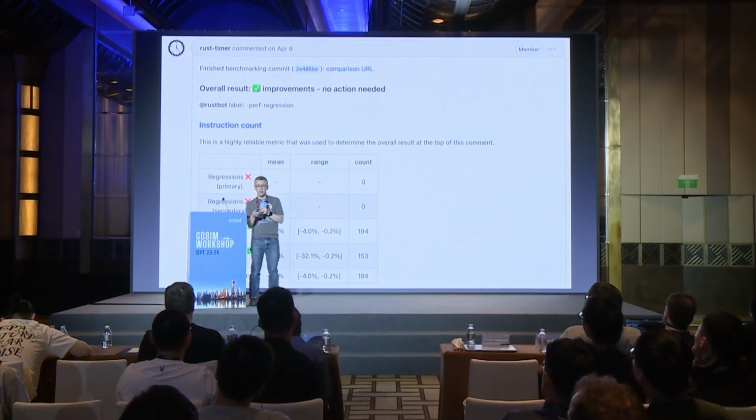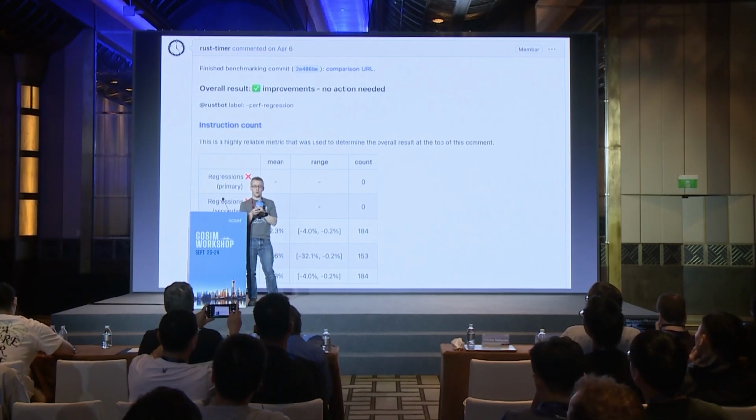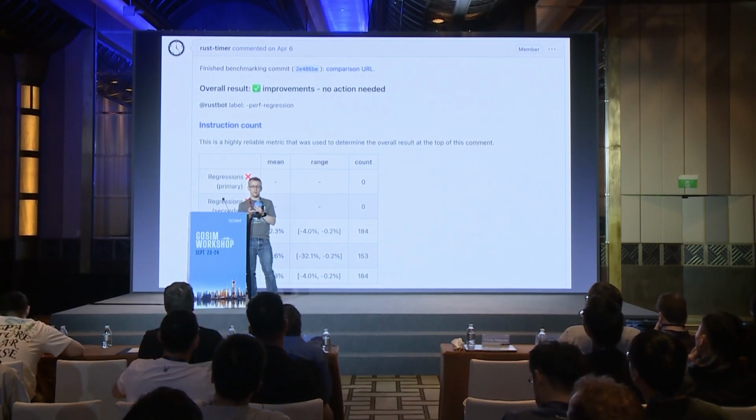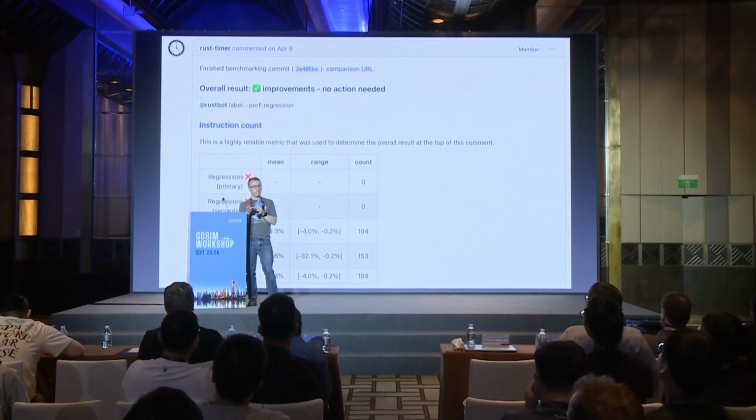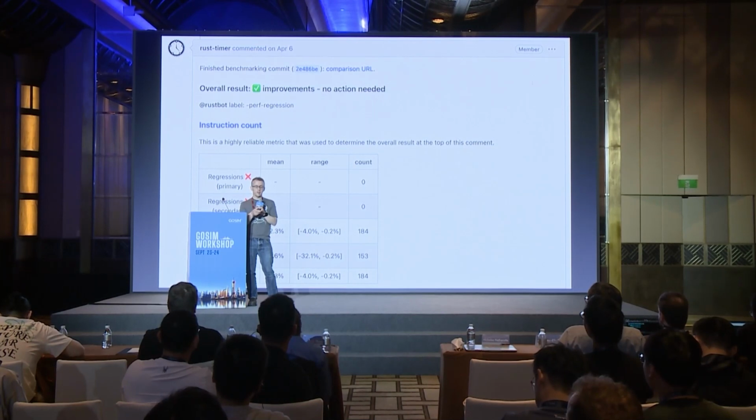So here's an example of a comment of that sort. You can see at the top of this it says overall result, improvements, so no action is needed. And then we have a table for the instruction counts, and you can see that the first 2 rows in the table are about regressions, and there were no regressions, so that's good.